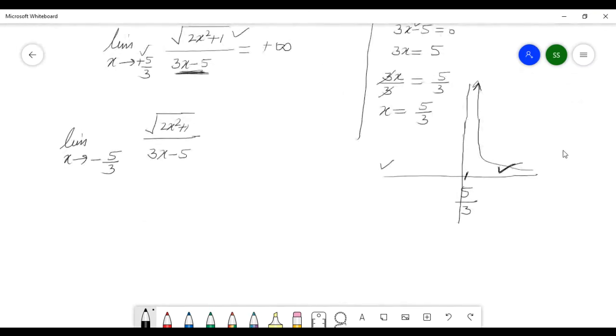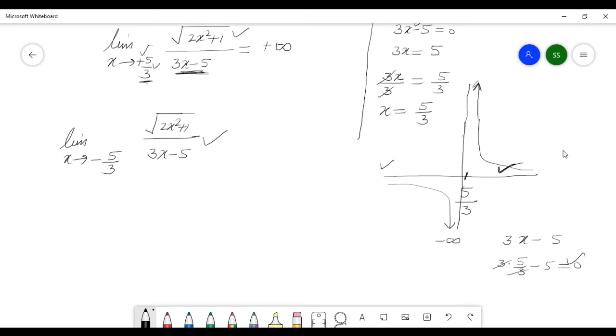Because look, if you take a number bigger than 5 by 3, then 3x minus 5 is a small positive number: 5 by 3 times 3 minus 5, the 3s cancel, and the remainder is 0.